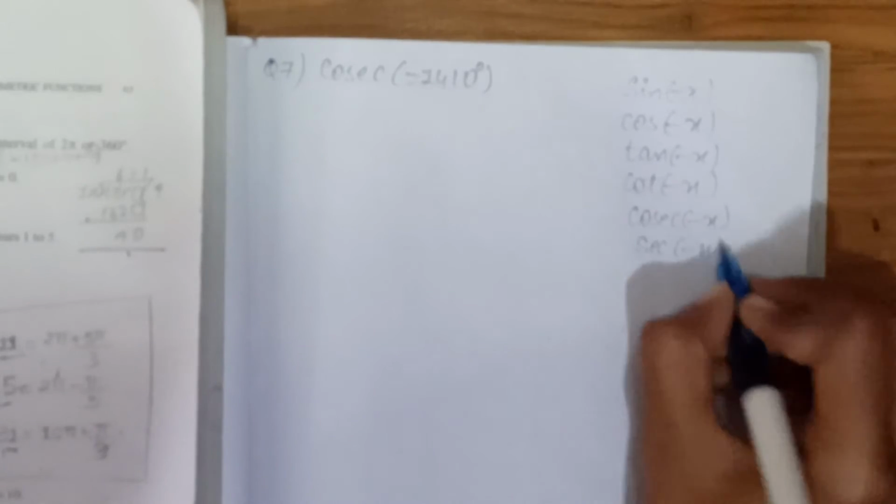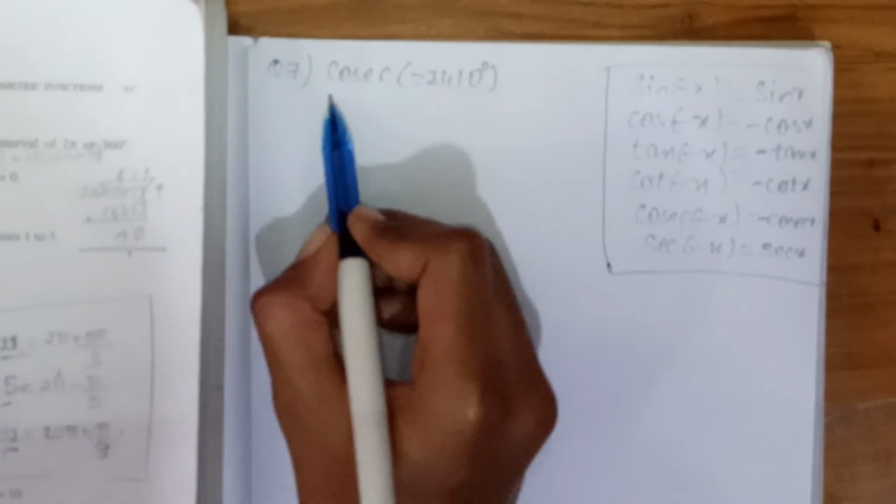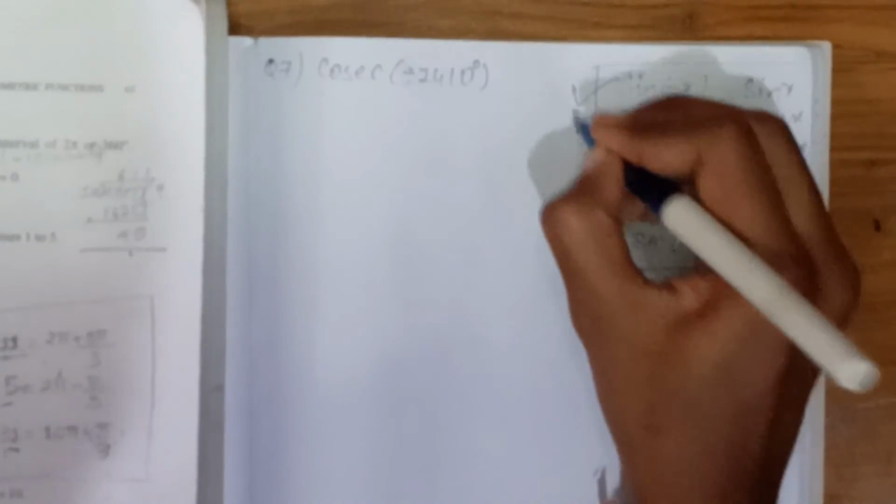Why I'm saying this is because in this question there is a minus sign over here. So when there is a minus sign, you have to use this formula. This is also very important.